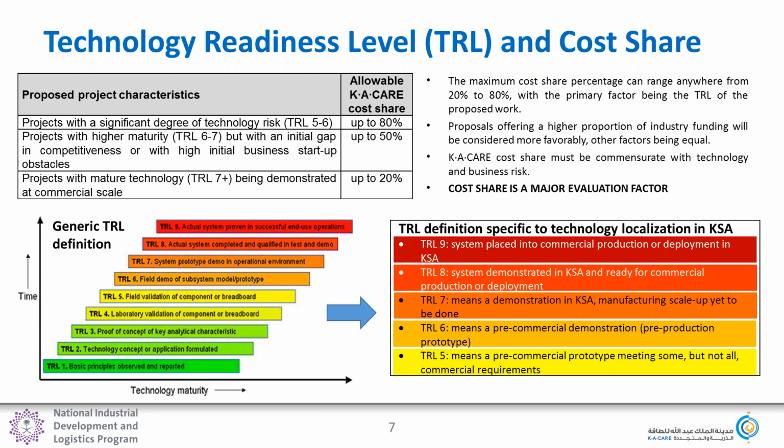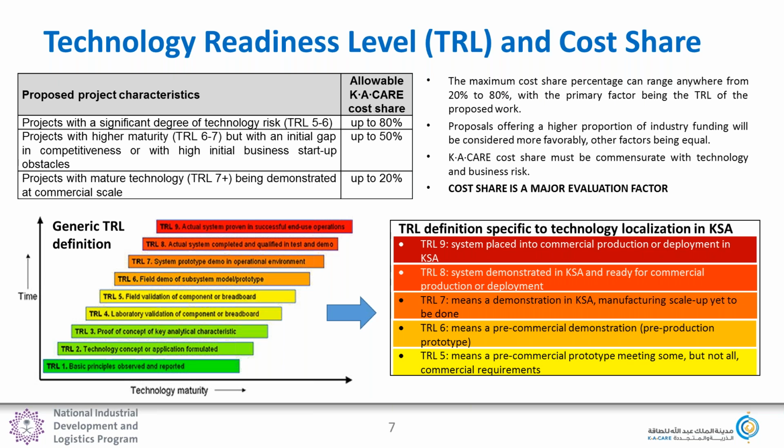So with that, we've really given you a wide range of possibilities in cost share, because we recognize that the projects that may be proposed could come from a wide variety of readiness levels, and we want to accommodate the possibilities of things being anywhere from very mature, in which we would not expect to pay much cost share, to things that actually have some degree of technical risk that has to be resolved, in which we would expect to pay a higher cost share.